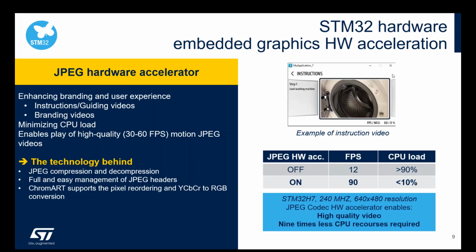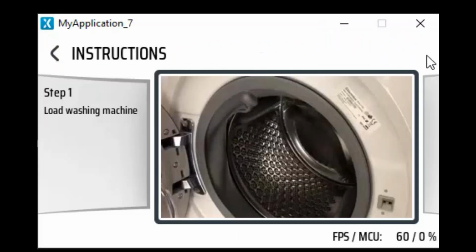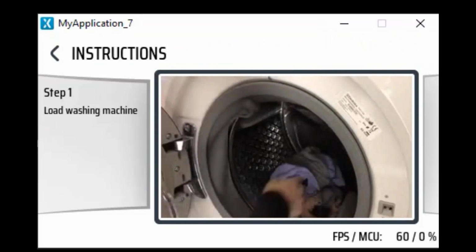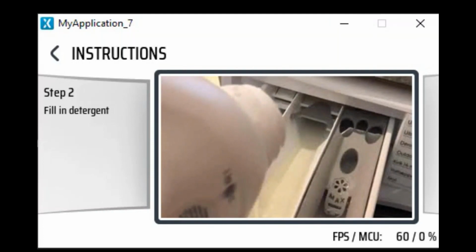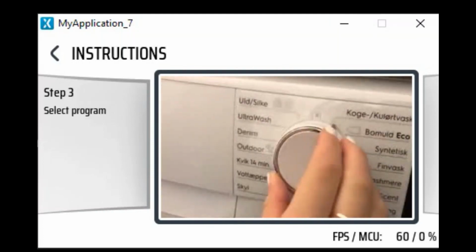And just to share the comparison here with the JPEG on and off, you're really offloading the CPU very heavily. Yes, please go to the next slide. Just a quick idea of what you could be using it for. Please go to the next slide.